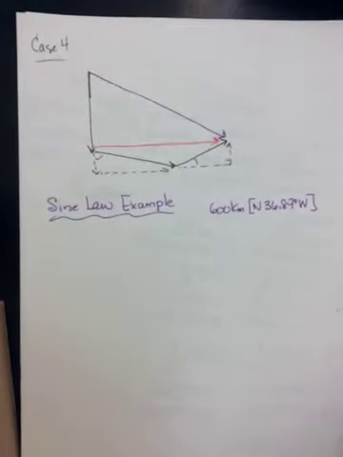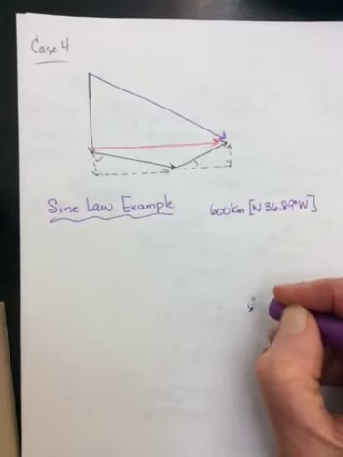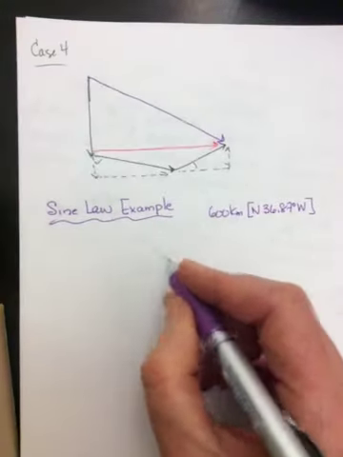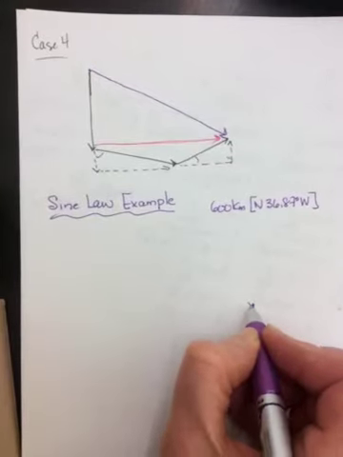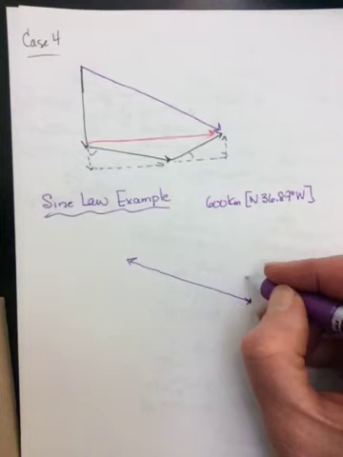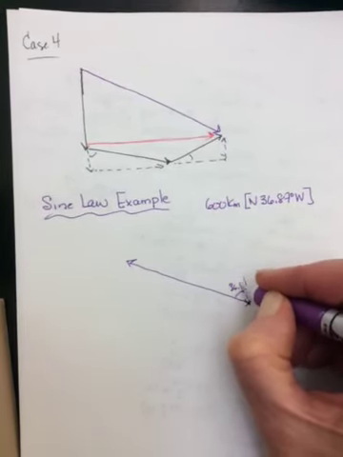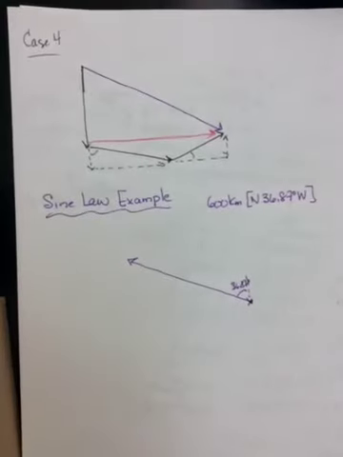So this is what the airplane wants to do. So the airplane's down here somewhere, and it wants to go north 36.87 degrees west. So it wants to go over here, where this angle right here is 36.87 degrees. Okay? That's what it wants to do.